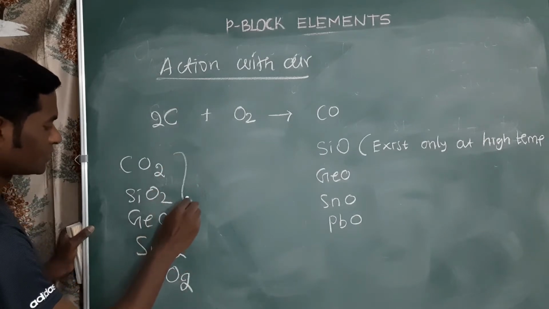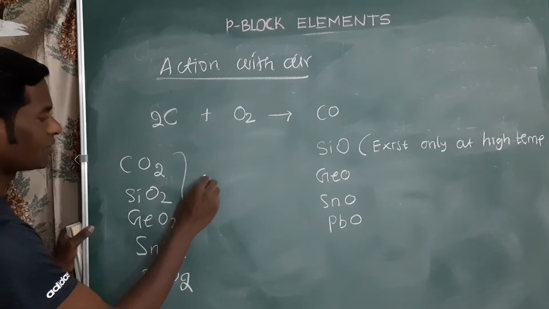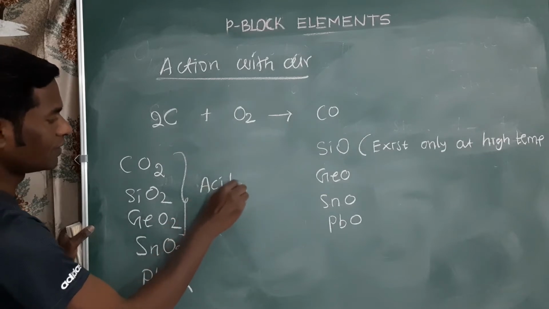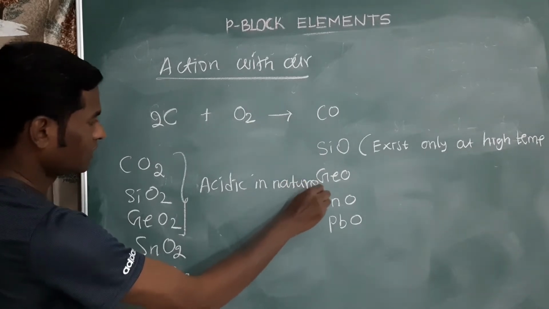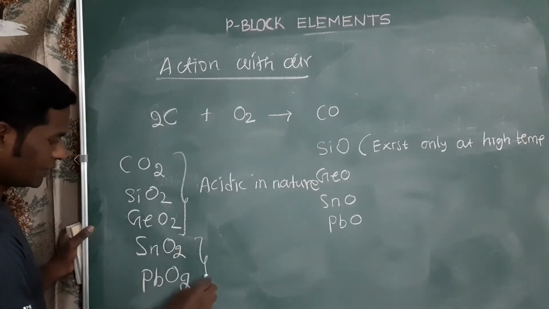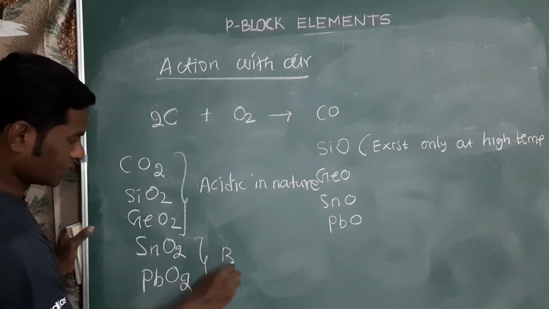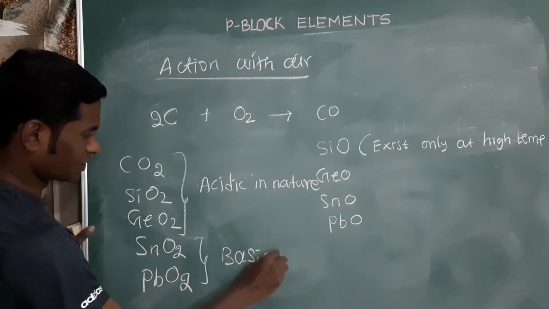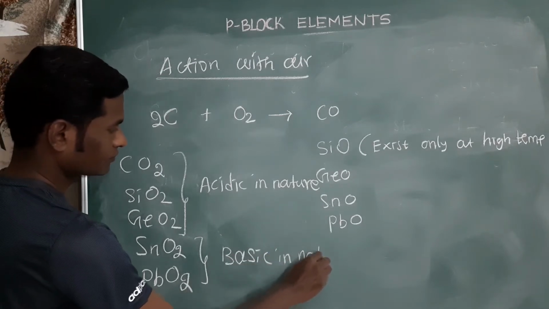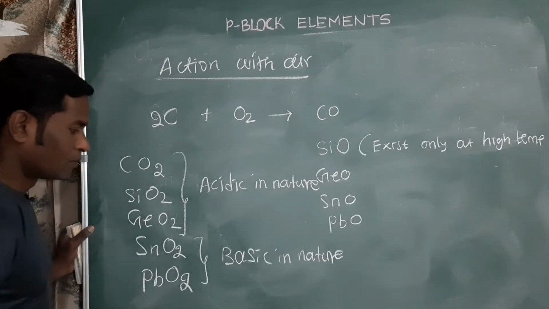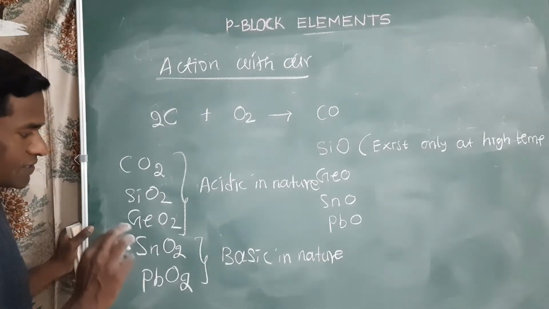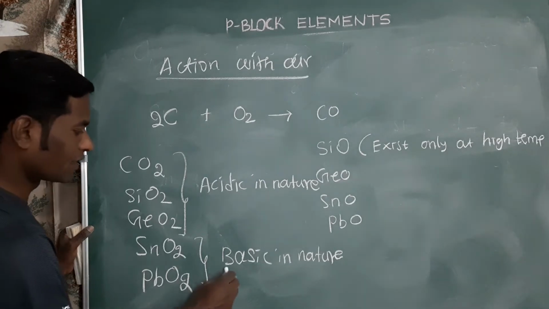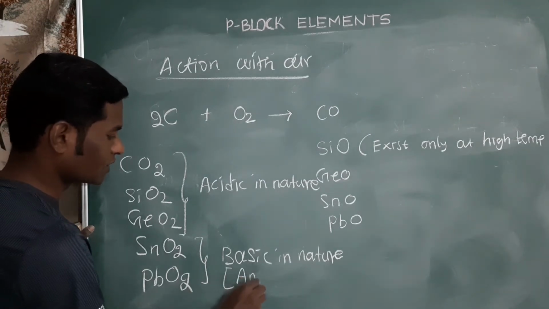Carbon dioxide, silicon dioxide and germanium dioxide are all acidic in nature. But tin dioxide and lead dioxide are amphoteric because of their metallic character; they can react with acid as well as base.